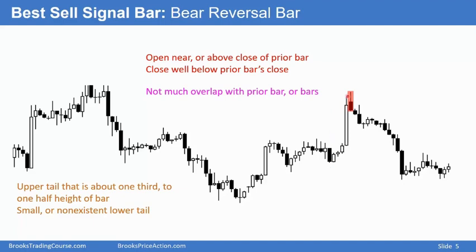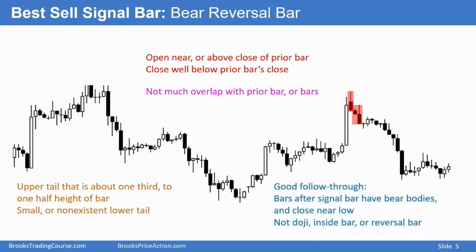It's happening at an extreme, not in a tight trading range. Sell signal bar and good follow-through bar closing on its low. So now we have 3 consecutive bear bars closing on or near their lows at the top of a trading range. To me, that means we're probably going lower. The market's probably always in short at that point.